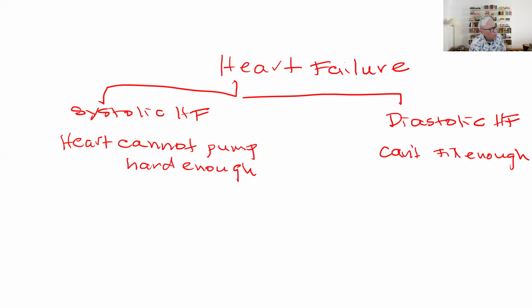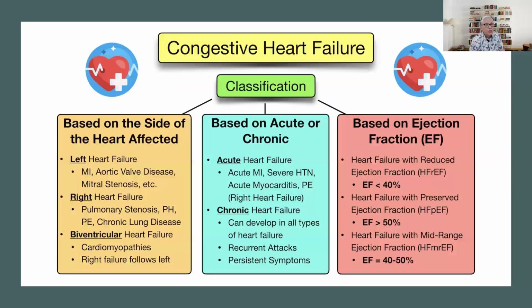So this is one of the most common classifications of heart failure. But actually, heart failure could be classified in three ways. One is based on the side of the heart that's affected, based on whether it's acute or chronic, and based on ejection fraction.